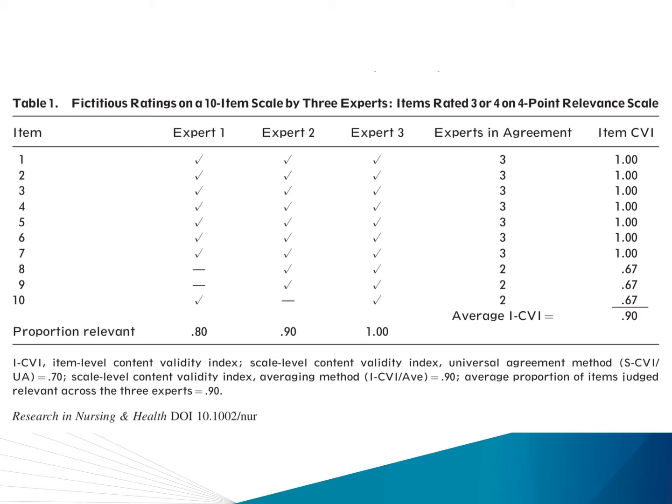Some items may be crucial, or some concepts may be crucial, and the fact that the experts haven't agreed with them may not just indicate that the concept is not necessary. You may not have expressed it properly and therefore not asked them properly. So you do need to be careful and achieve a balance. However, the numbers do give you a useful insight. And as I say, you'd probably use more than 3 experts.